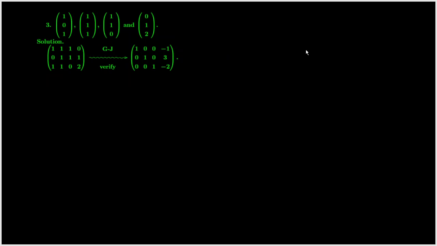So the answer is the given vectors are linearly dependent. Okay. So can I just say they are linearly dependent? I'm going to use question 3 to make two comments actually. Okay.